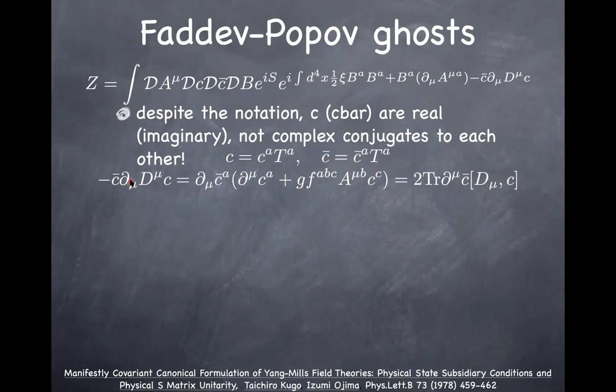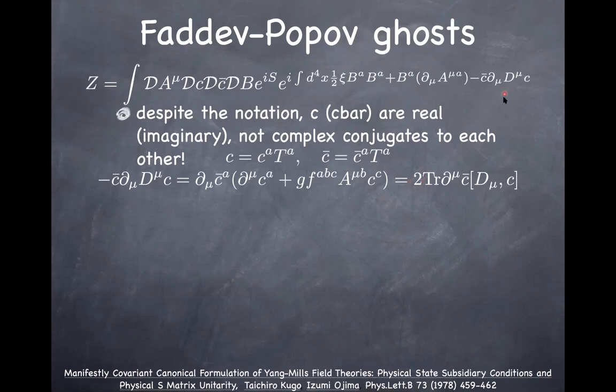I did an integration by parts, so this partial derivative is now acting on C bar. That's why I have this one here. And if you use matrix notation, then trace of T A T B is one half delta A B. So I need to compensate for a factor of one half by factoring in 2 here.